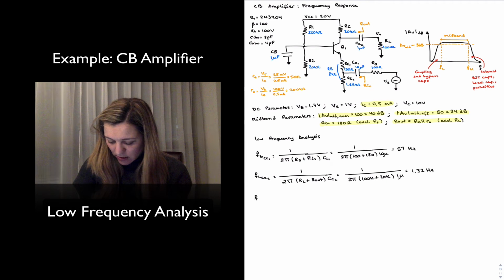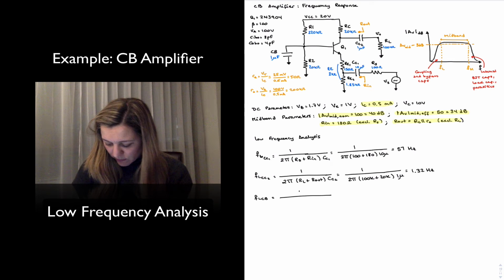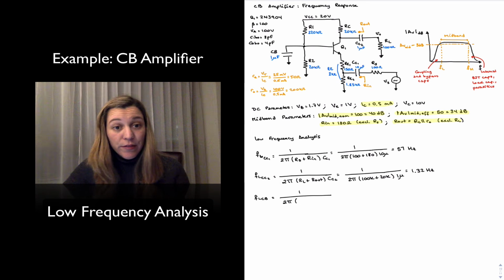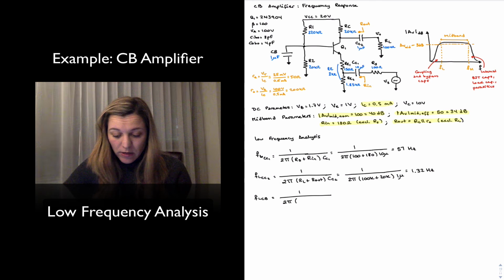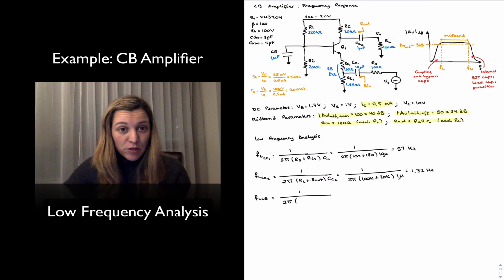And finally, my low cutoff frequency due to CB is going to be 1 over 2 pi times the Thevenin resistance connected across the terminals of capacitor CB. On one side, CB is connected directly to ground.